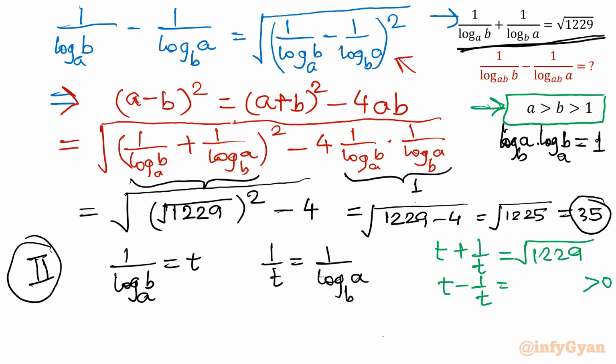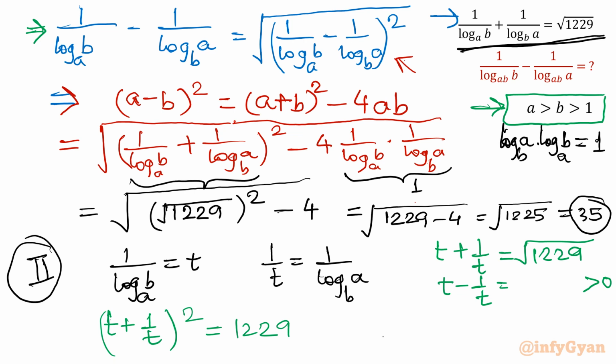Okay. Now you have already seen, this is your required expression. So t minus 1 over t we have to find out. Let me write here: take square on both sides. If I take the whole square, then I will have 1229.